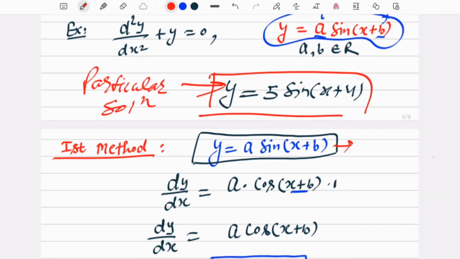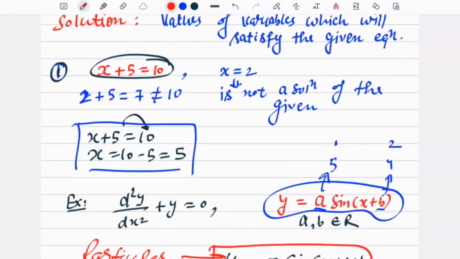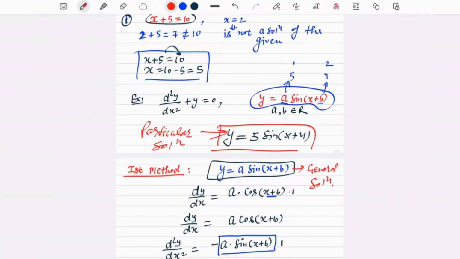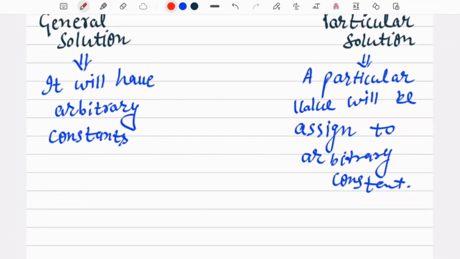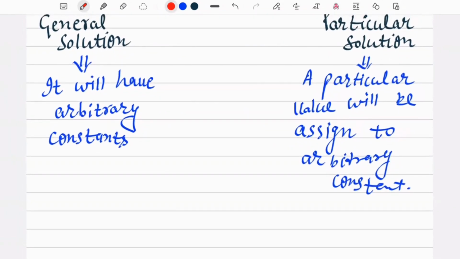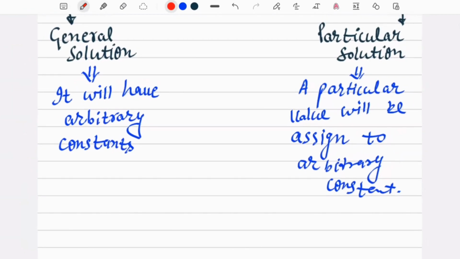I am again writing it wrong, this is the general solution. I think it is clear to you. Any doubt till now? No sir.